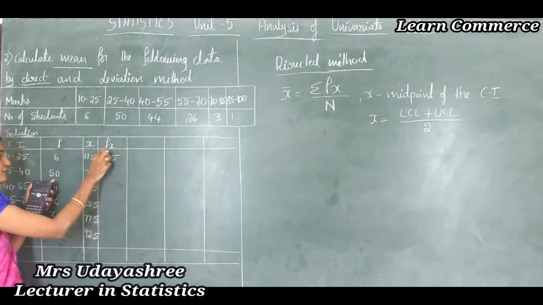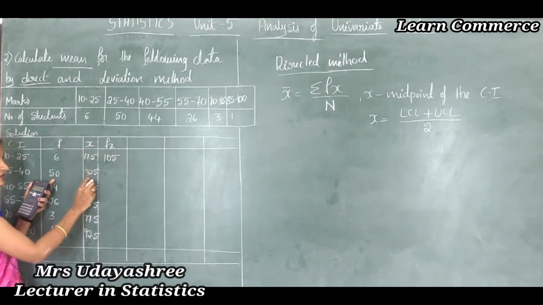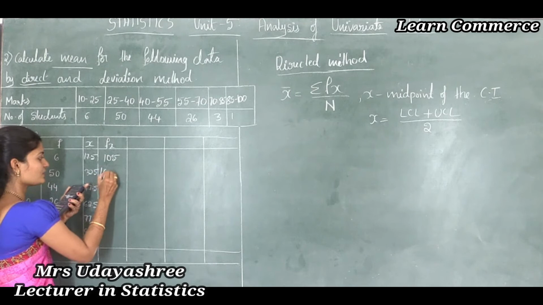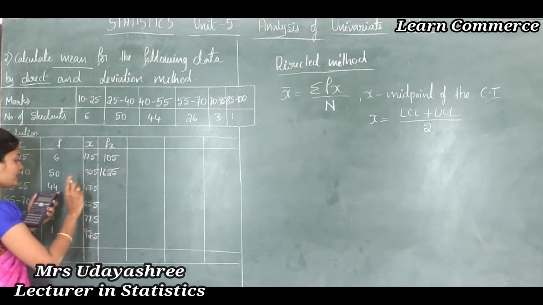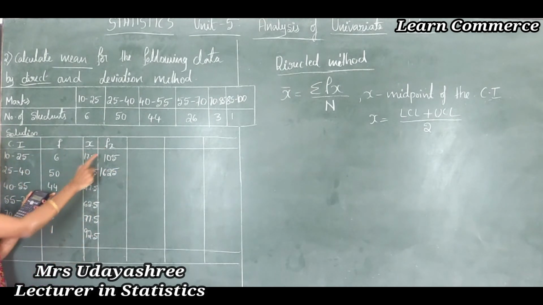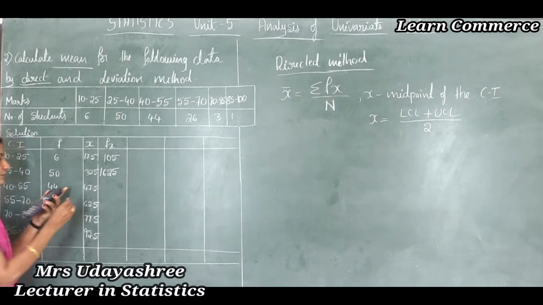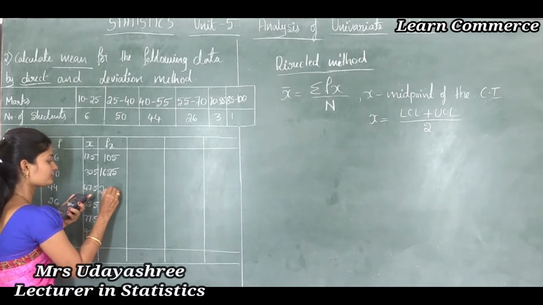Next f is 50 and x is 32.5. So 50 into 32.5 is 1625. Next f is 44, x is 47.5. So 44 into 47.5 is 2090.